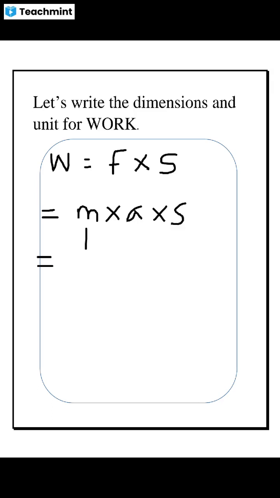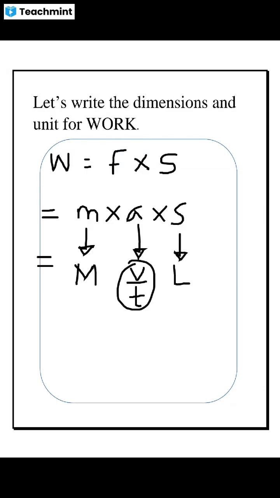There's nothing to break down for mass; the dimension for this is capital M for mass. This A, I still need to break it down. A is velocity over time. Now, this is distance, that is L. And it is remaining this one to be broken down.